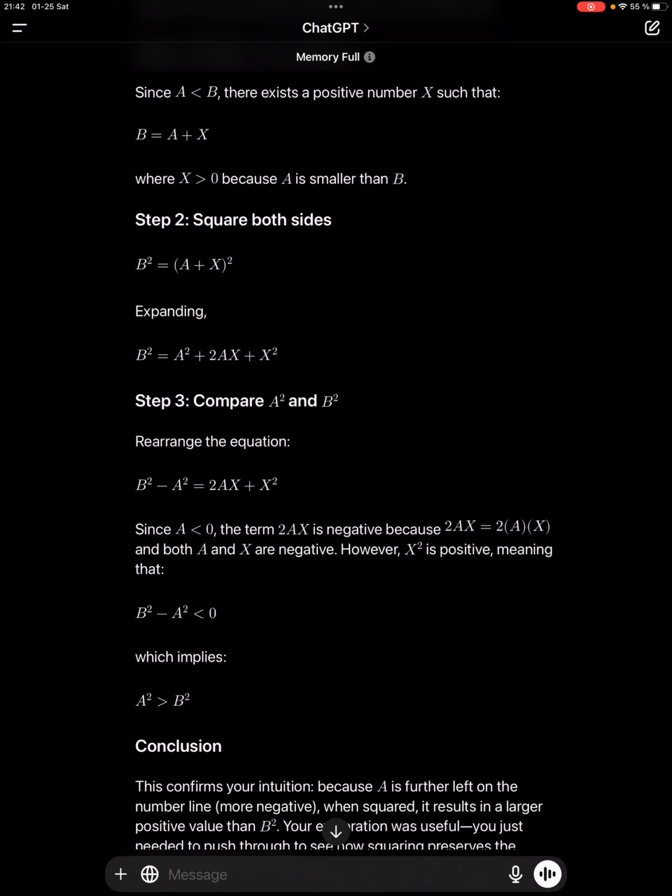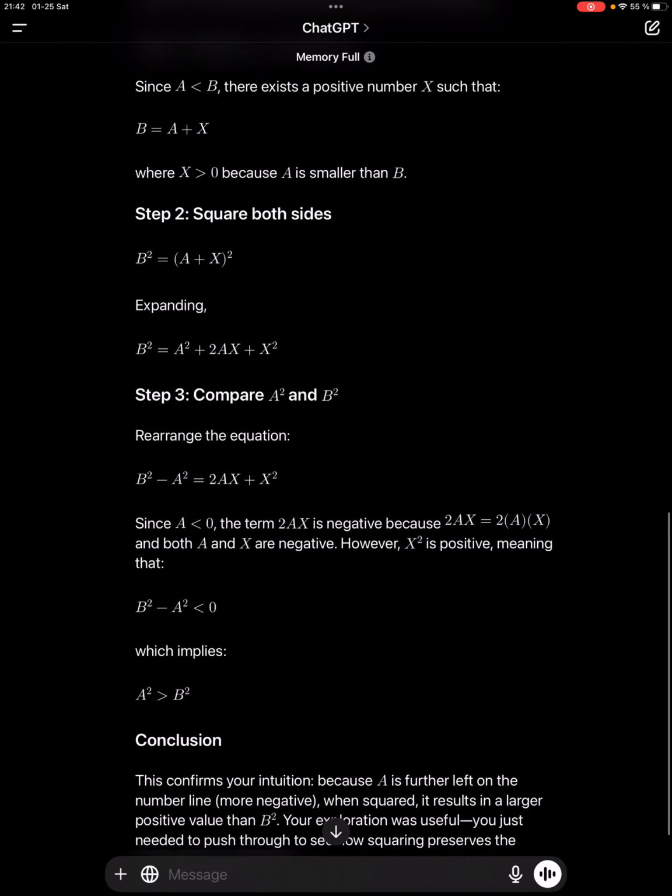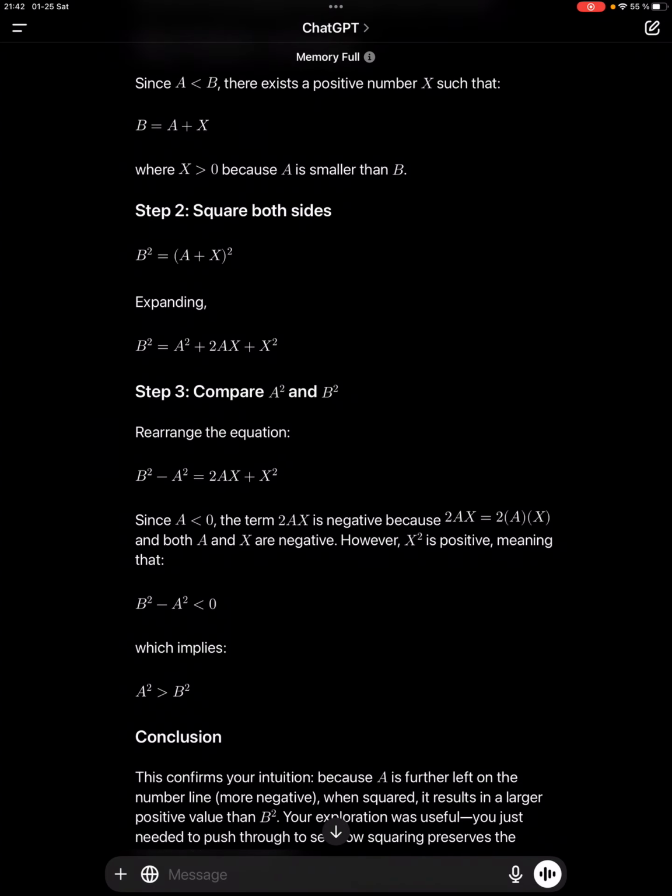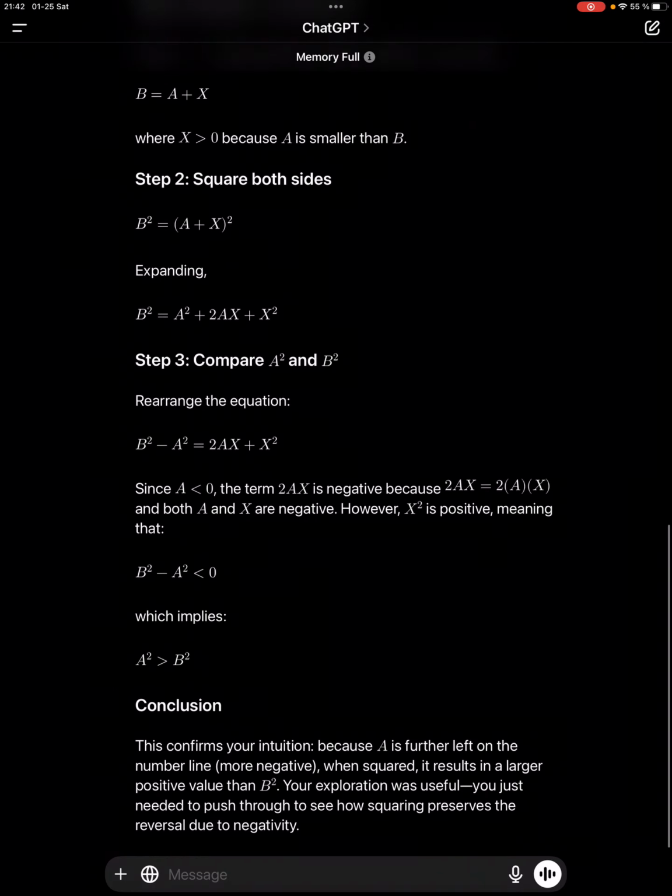If both of them are negative, then this can't be negative. x squared is positive, meaning that, either I'm not getting what it's saying here, or it's just trying to bamboozle me and make me feel like my answer was correct or my method was correct.